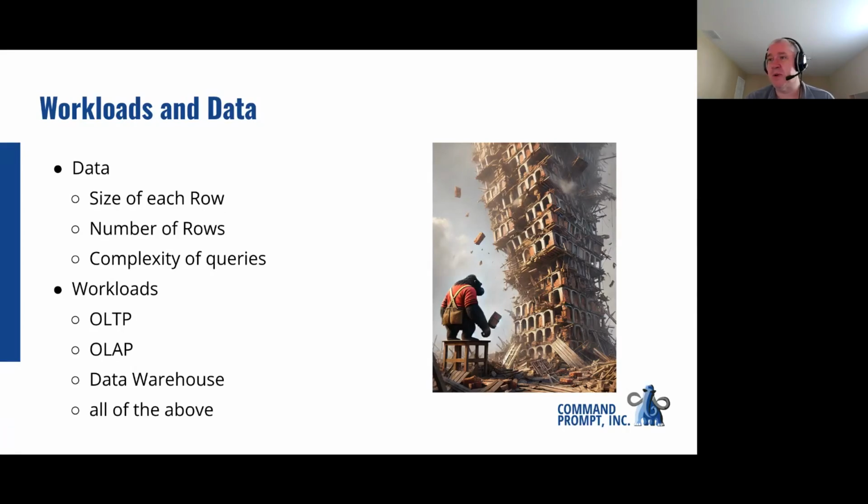To give an example, having a very wide table where each row has, let's say, a kilobyte of data, the way you optimize that will be different than if you have, let's say, 50 bytes per row and a lot more data, say 100 million rows in a table.